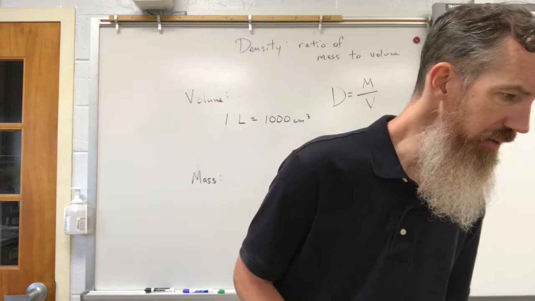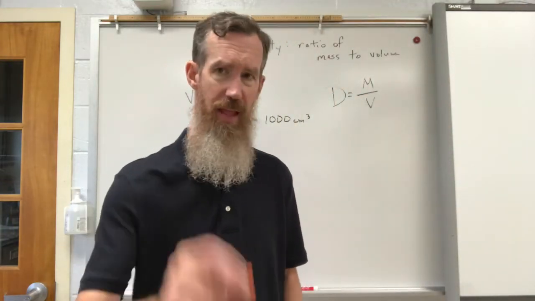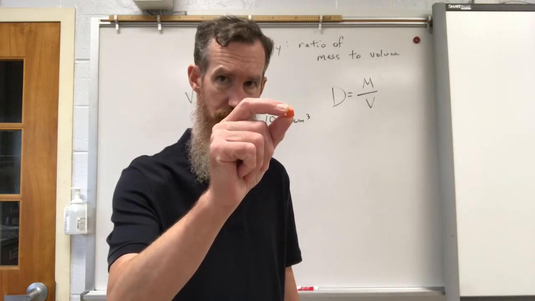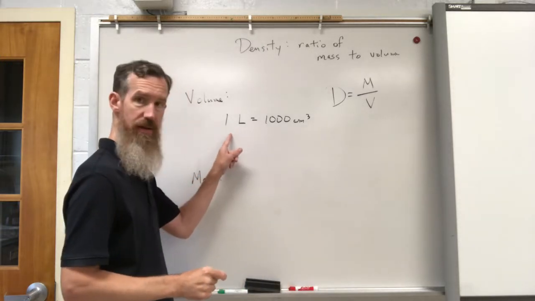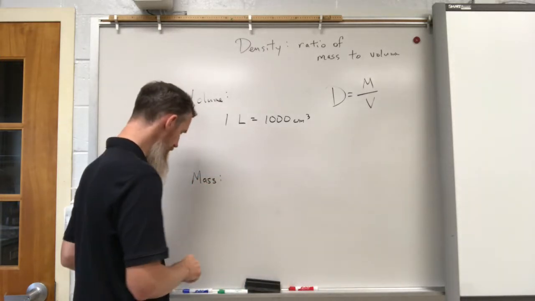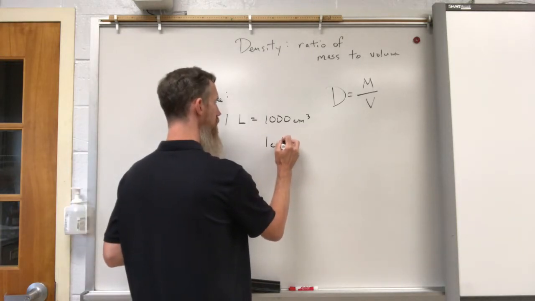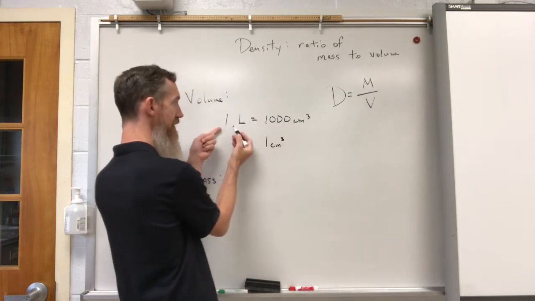Not only that, but it was defined a long time ago that 1 cubic centimeter will be 1,000th of a liter. So if we write this in a different way, 1 cubic centimeter, well, if I divided this side by 1,000, I'd have to divide this side by 1,000.